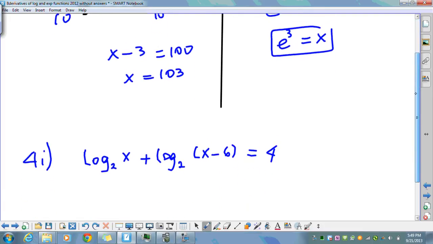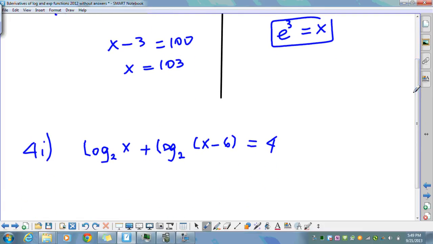A few more examples. How would you do this one? Well, before you can get rid of the log, you need to get a single logarithm. And for that, let's use property number 1. The sum of two logs is the logarithm of the product. So in this situation, log base 2 of the product of x times x minus 6 equals 4.